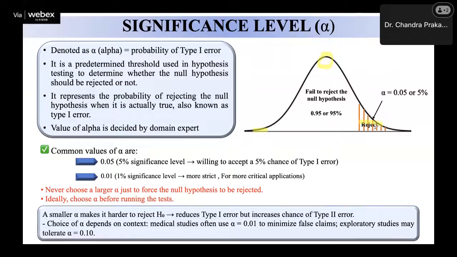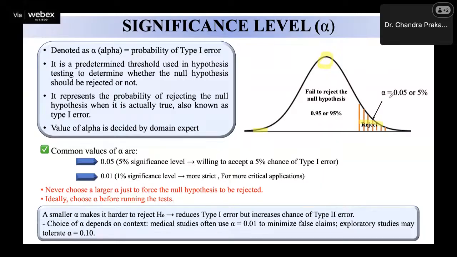This is also known as the Type 1 error. So here we say that, okay, my significance level is 5%, or the alpha value is 0.05. So we are willing to accept a 5% chance of Type 1 error. We say that my confidence in the overall output is 95%.